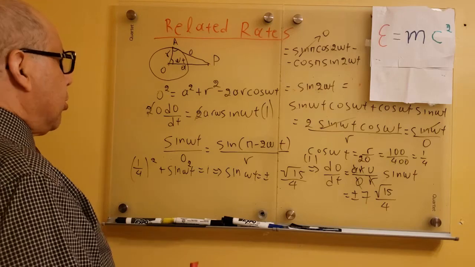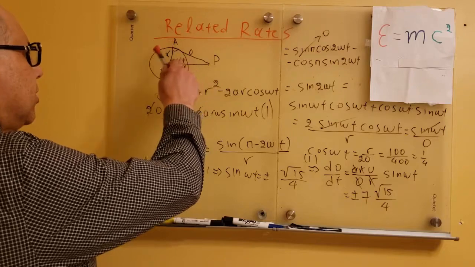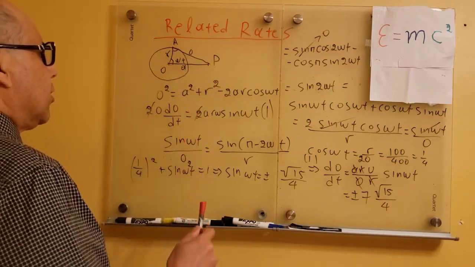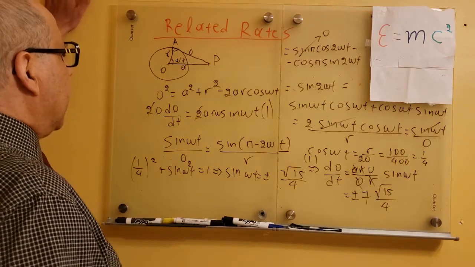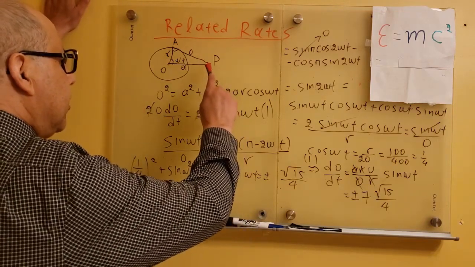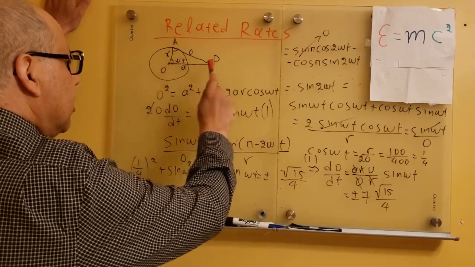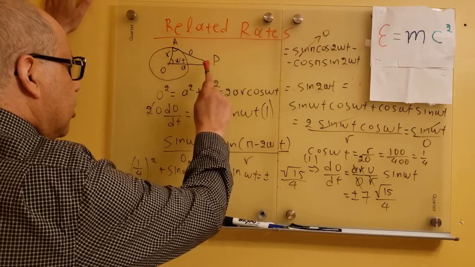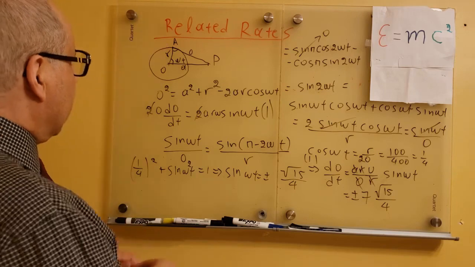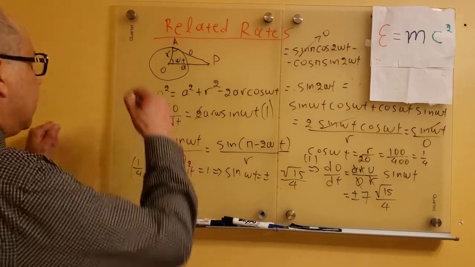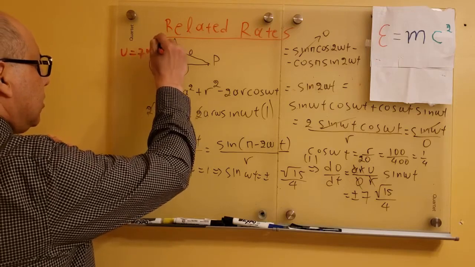So what is the problem? The problem is that we have a runner running around this circle, and we know the radius, and there is another person sitting at a distance D from the center of the circle, and we know that the runner is moving with a velocity of 7 meters per second.